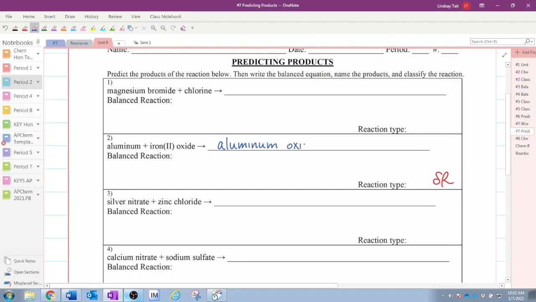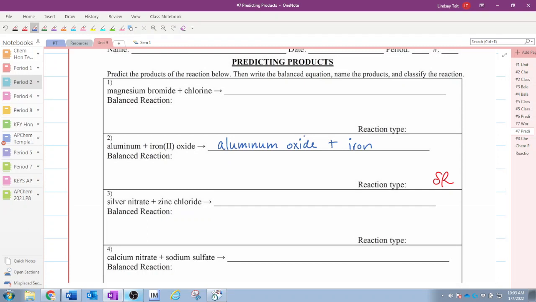Aluminum oxide, and the one that got kicked out, iron. Notice how I don't write a Roman numeral, because now it's a neutral element. Roman numerals only go in compounds. You'll never see a Roman numeral next to just an element. Okay, so does everybody understand why I put the aluminum and the oxygen together and not the aluminum and the iron?